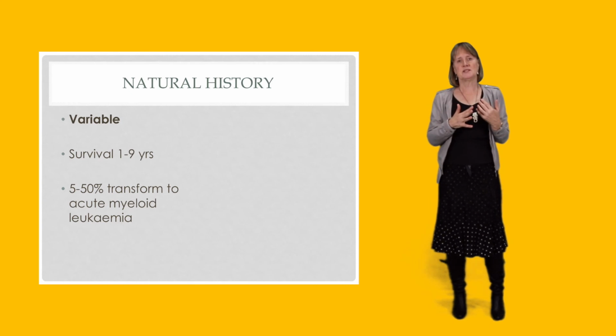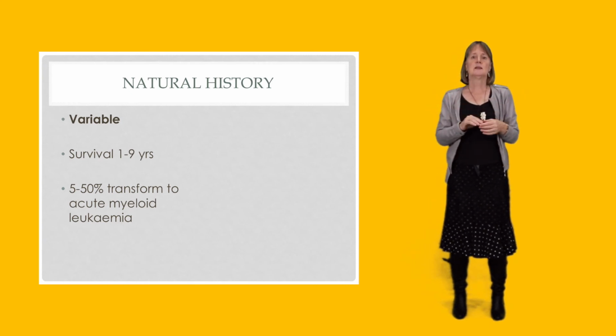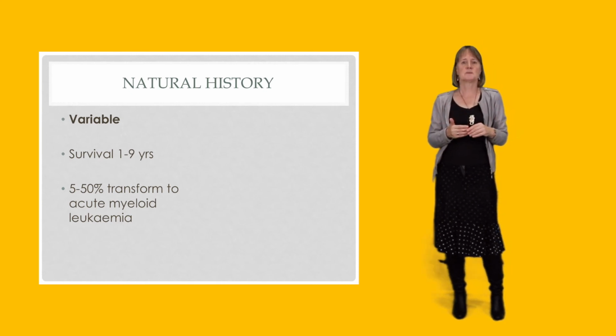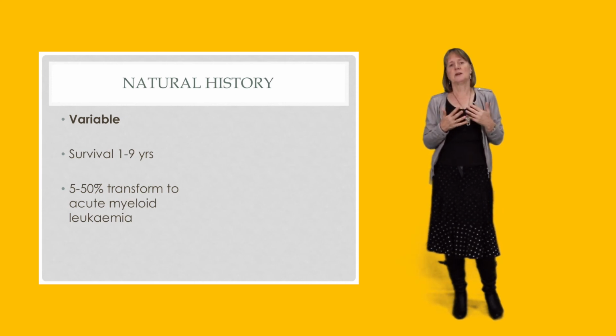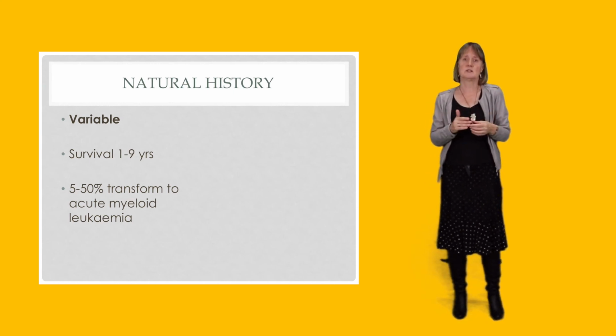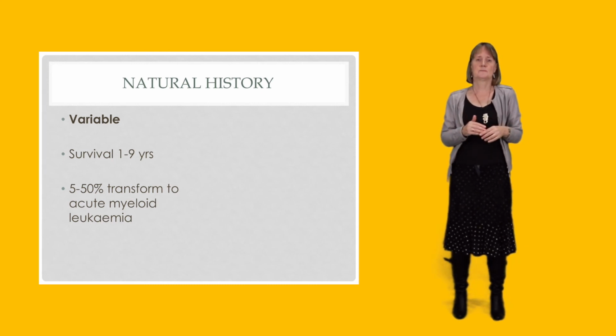But overall, there is a general tendency to progress slowly over time, and what tends to happen is that the cytopenias get worse. So often what happens is that patients ultimately die from complications of neutropenia, i.e. infection, or thrombocytopenia, i.e. bleeding.